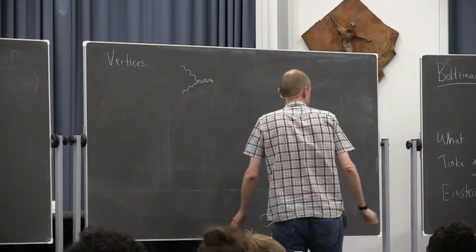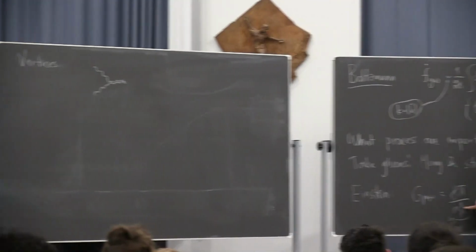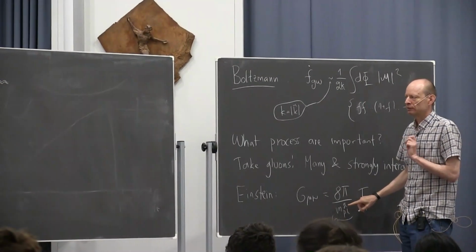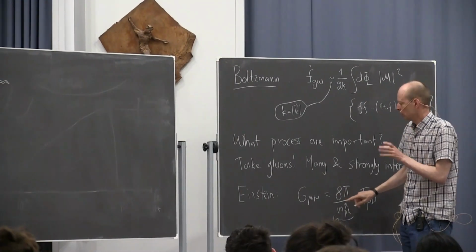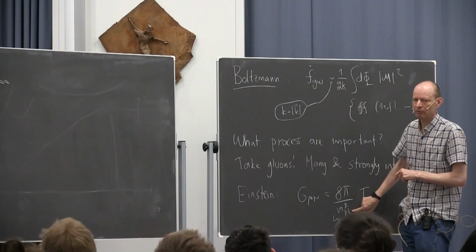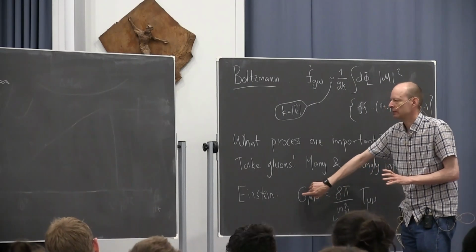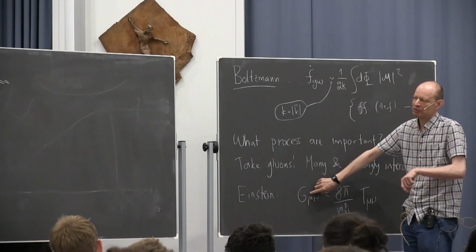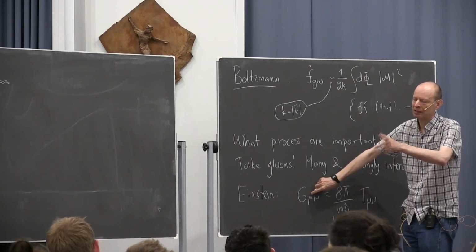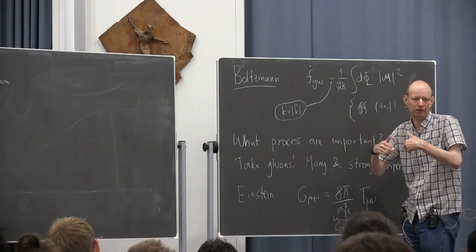This vertex has to be inversely proportional to the Planck mass, and to work out what it precisely is, one has to watch out a little bit. I mean, here you would think that it's proportional to 1 over Planck mass squared, but that's not quite the case, because when we write the G, we write some metric perturbation, and one has to rescale the metric perturbation such that it appears in a canonically normalized way, like normal fields.